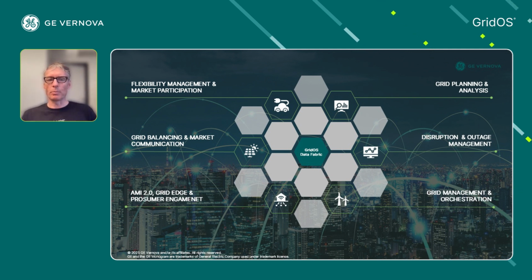That is exactly the prosumer engagement, where you are creating signals to the client. So the AMI 2.0, the update of the smart metering infrastructure, combining it with grid edge data to create prosumer engagement. The fifth area where we are seeing the platform used today is related to grid balancing and market communication.